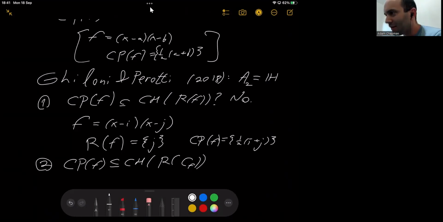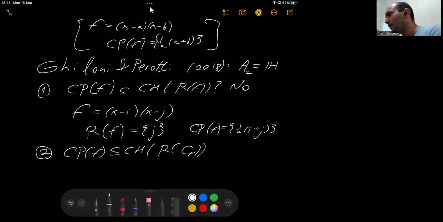Yeah, so one option is to ask whether the critical points of f live inside the convex hull of the roots of the companion polynomial, which, in the case that they are studying, the quaternion algebra, there's no difference between the roots of the companion polynomial and the conjugacy classes of the roots of f.